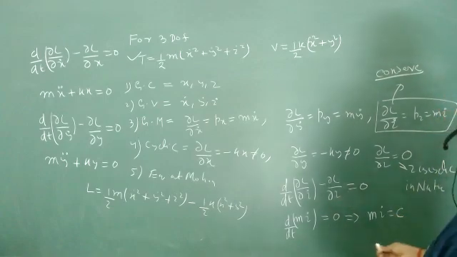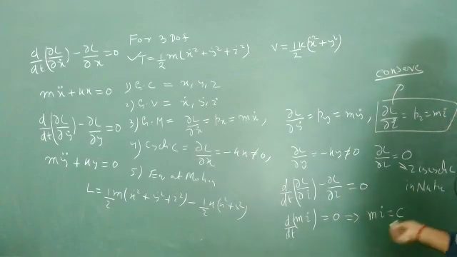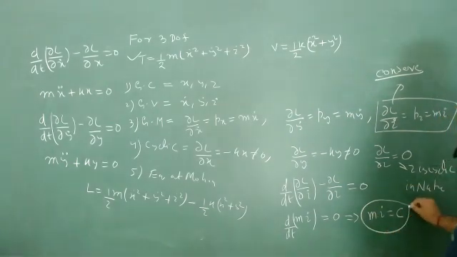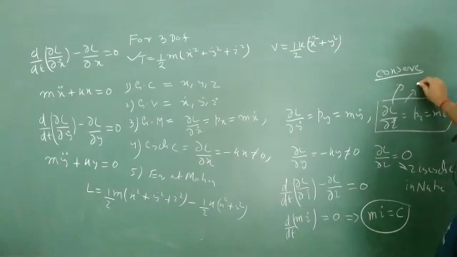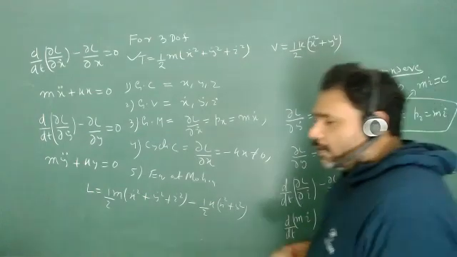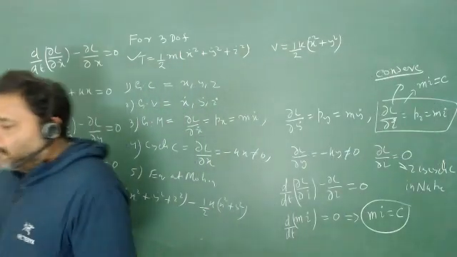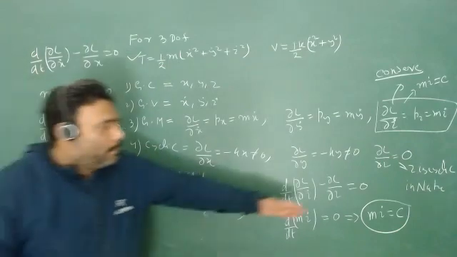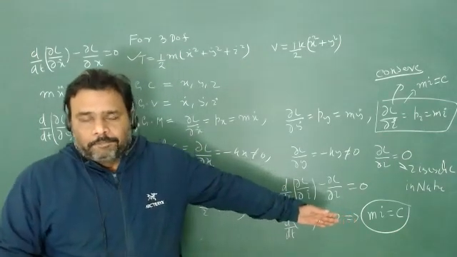So what will we do? This is exactly the same expression we calculated from the cyclic coordinate. From here we can also write that m z dot is constant. For the cyclic coordinate, there is no external force, so only momentum is conserved, isn't it?